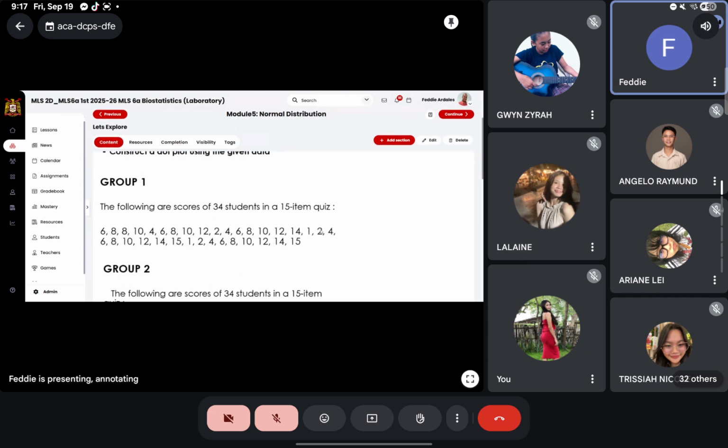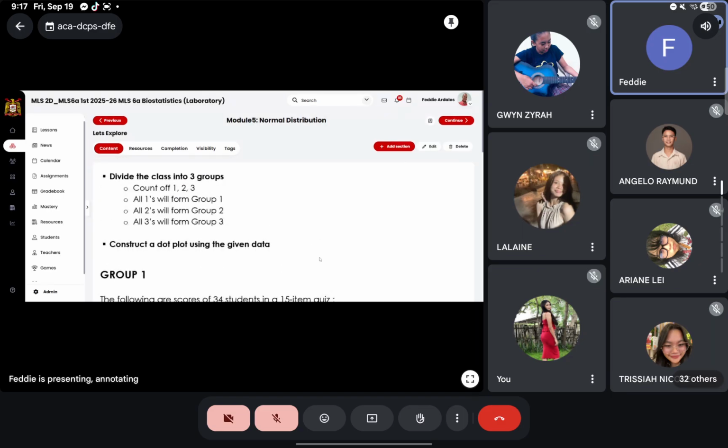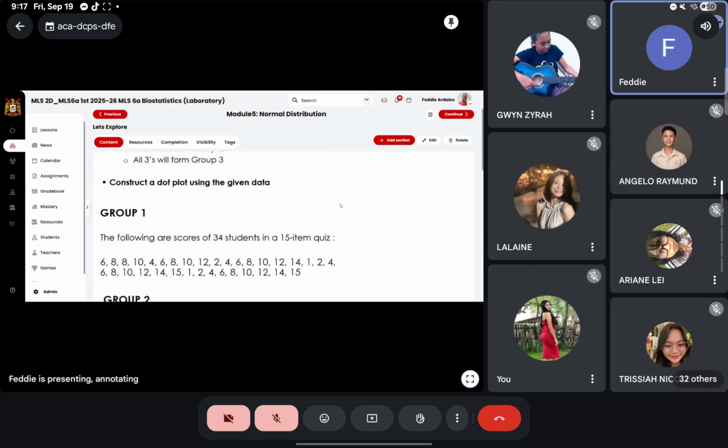Hopefully we can work on this by group, but since we're online, we cannot. So what we're going to do is discuss and differentiate this data.